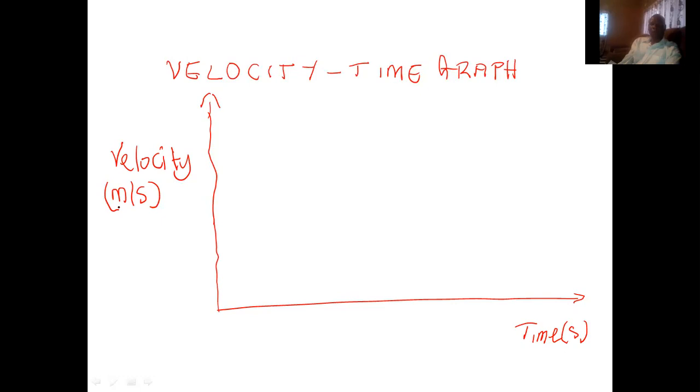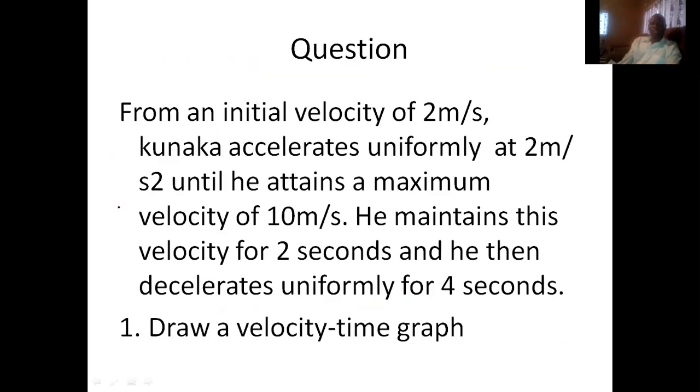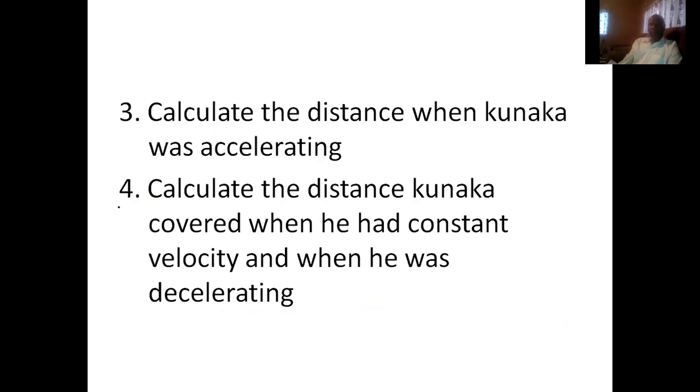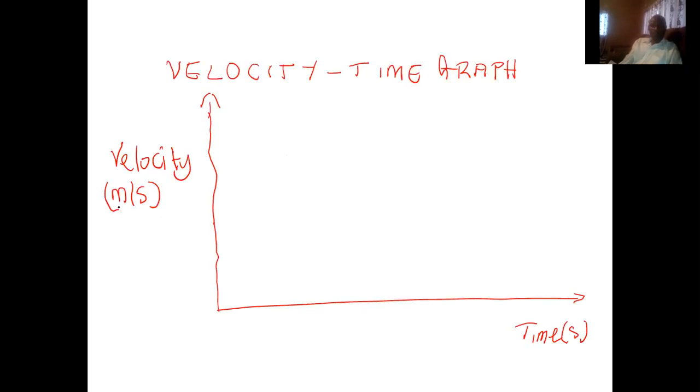So we go back to our question. We are told that Konaka accelerates uniformly at 2 meters per second squared. His initial velocity is 2 meters per second, and so we assume that here, this is our 2 meters per second.